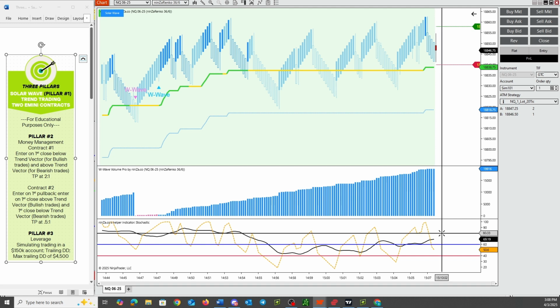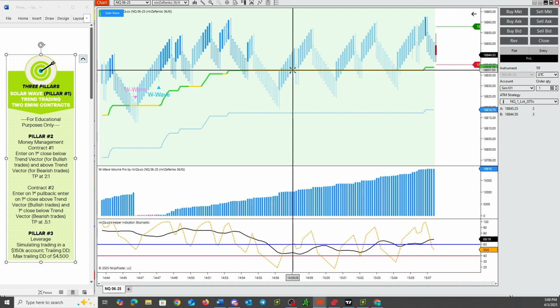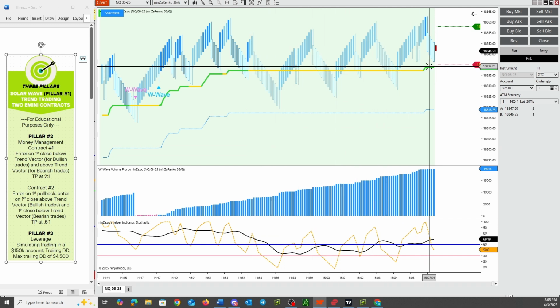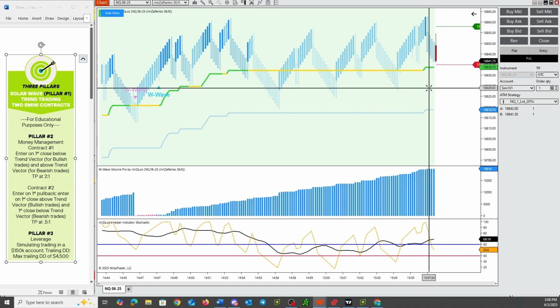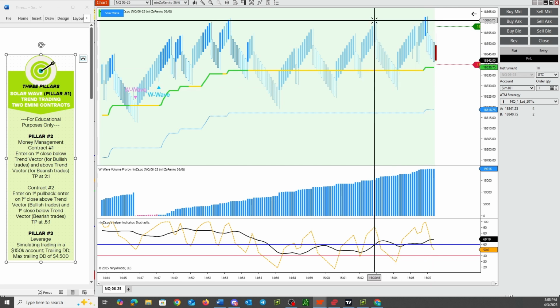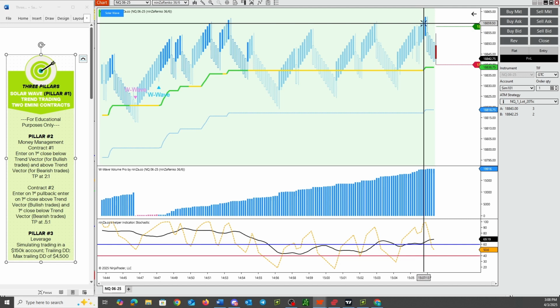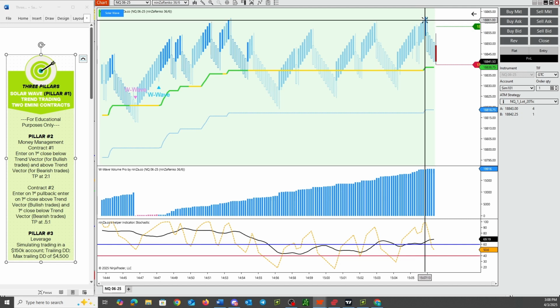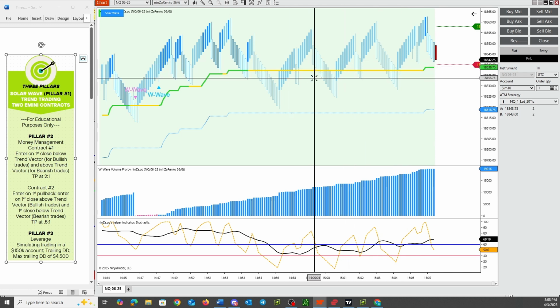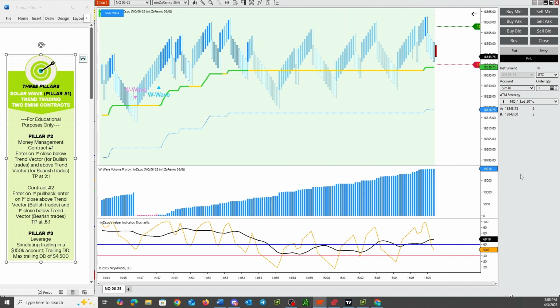But look at this long trend vector line here. It finally moved up right there, but I think that could have just been a sweep. The games they're playing. Let's sweep them. We'll see. We shall see.